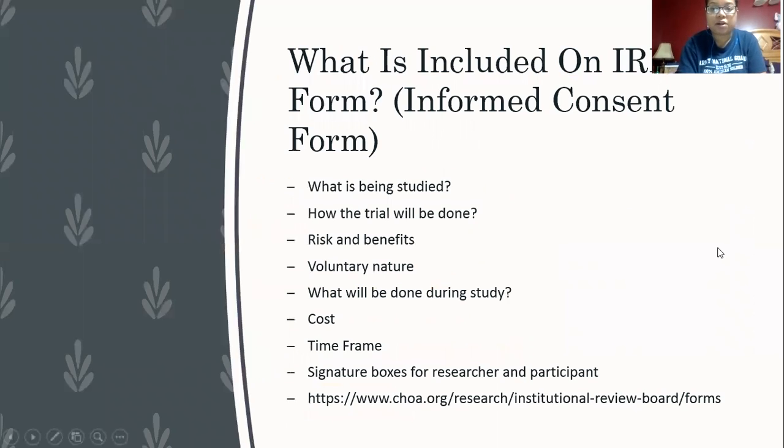What is included on an IRB form, or in this case, the informed consent form? I researched the informed consent form from the Children's Healthcare of Atlanta, and that link can be found below.